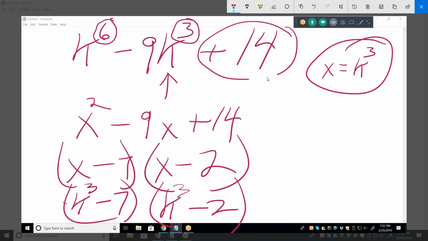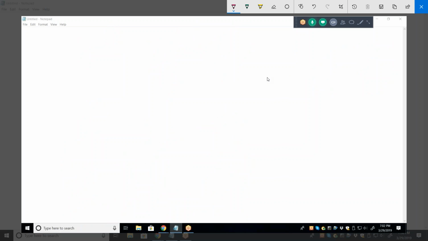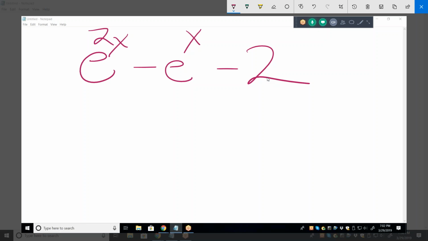This is a 6th degree polynomial, so I can't really call it a quadratic, but it's a quadratic in disguise. Similar to something like this. You're familiar with the e function? Okay.